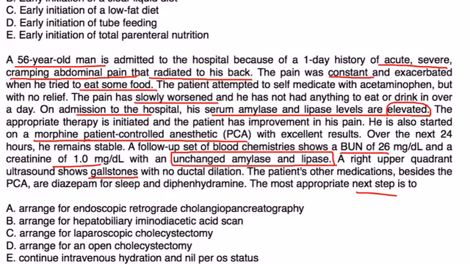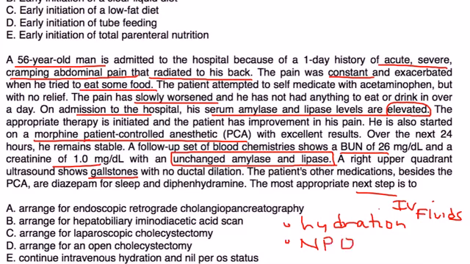So we're going right back to just the three basics of pancreatitis treatment, which are IV fluids, which involves hydration with IV fluids, and then of course avoiding any oral intake, so NPO status, and then pain control.